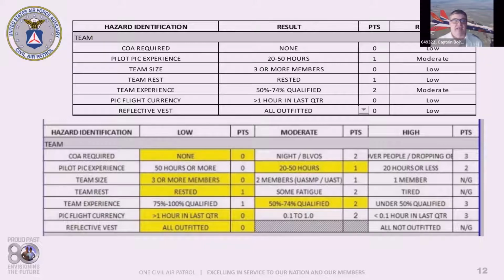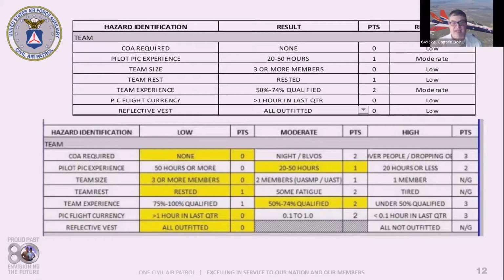So in all cases, to give you an example, when I am giving the fly-ins for the 5U, when you do your ORM, which you are going to have to do, the team experience is going to be at least 50% qualified, because I'm a qualified mission pilot and technician, and I will be acting as your technician as you fly.